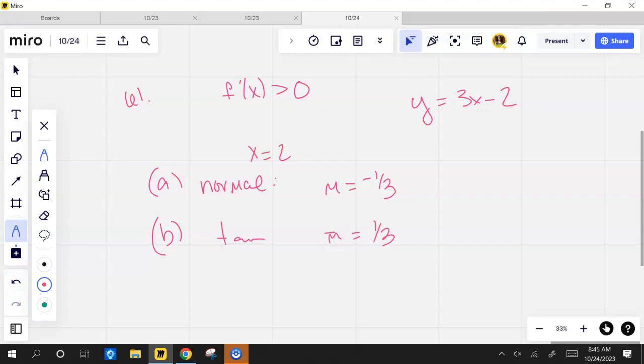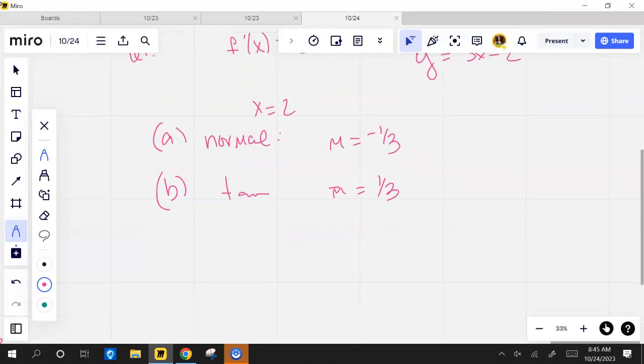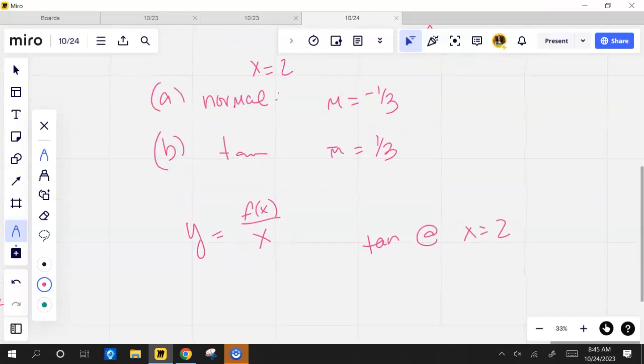Okay. All right. So then find the equation of the line tangent to the graph y equals f of x over x at the point where x equals 2. This is just seeing can you find f of x over x tangent at x equals 2. I'll find the point first because it seems to be the easiest. So y of 2 is going to be f of 2 over 2, right? And so I find that f of x. Do I have that f of x anywhere?